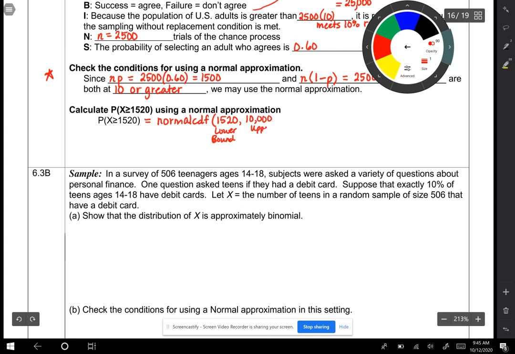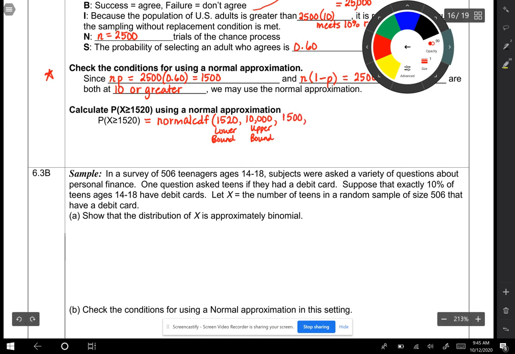It doesn't matter, but just something really bigger than 1520. And you don't want to pick something like 1600. And then our mean, so we need to calculate our mean. The mean is 1500. We don't need to calculate it. It's right above. N times p is your mean.